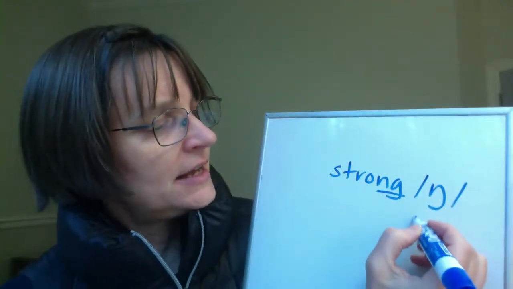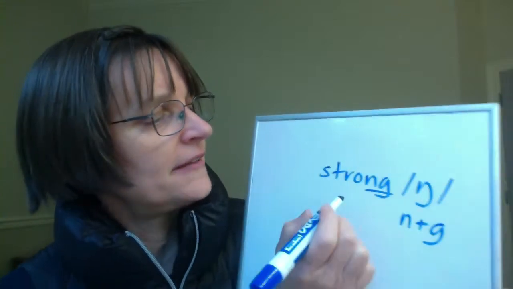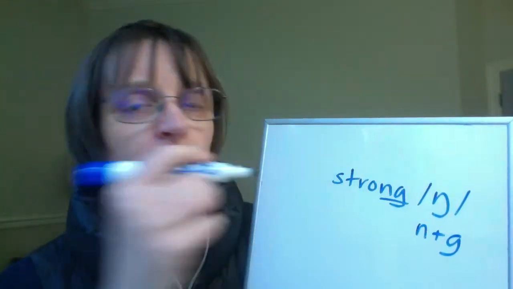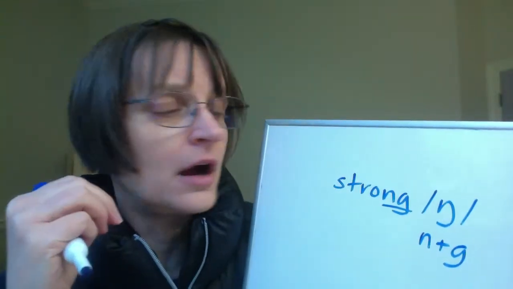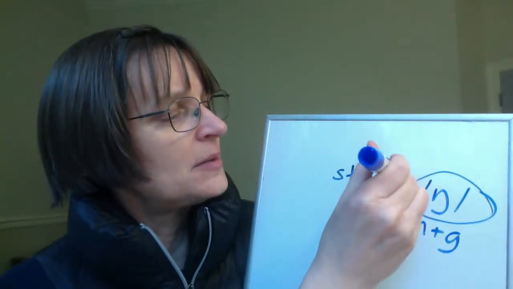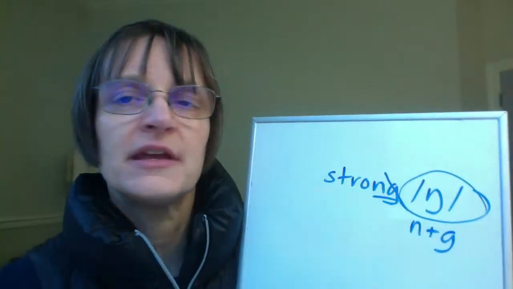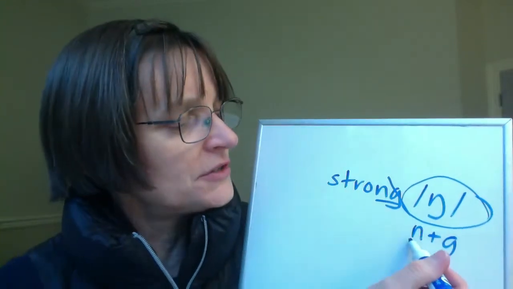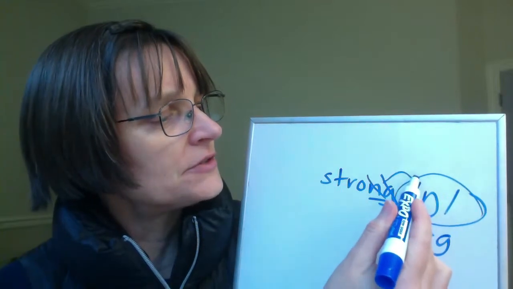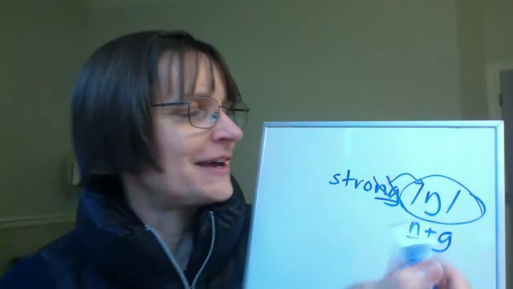It's not an N plus a G sound. That would sound like strong, strong. So when you say the word strong, you should feel the back of your tongue lifting for one sound. So in some ways you can think of it as a silent G, but we also don't really do an N in that word either.